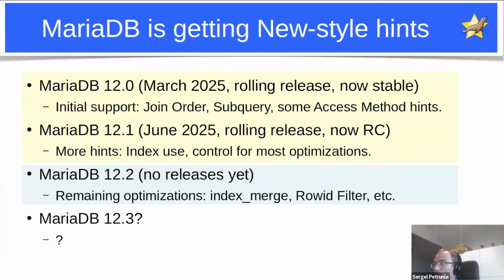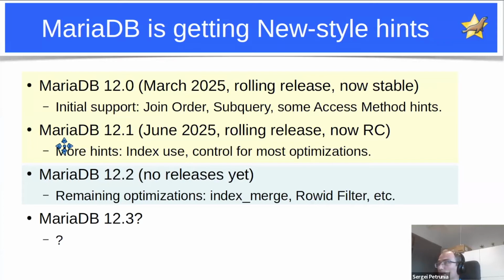So now MariaDB is getting new style hints. The initial implementation is in MariaDB 12.0, where we supported just hint syntax, then join order hints, subquery optimization control hints, and some access method hints. This is now in a stable release. In 12.1, the set of hints was expanded: index use and control for most optimizations. This area has a yellow background, so I think up to 12.1 we have some reasonable support.